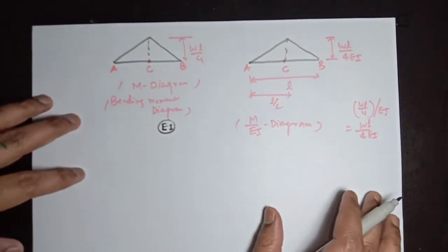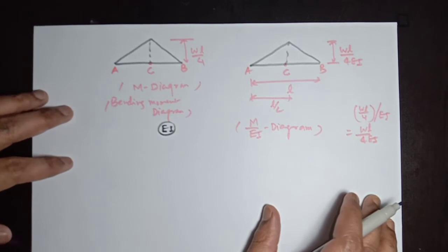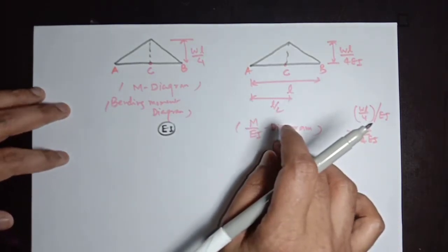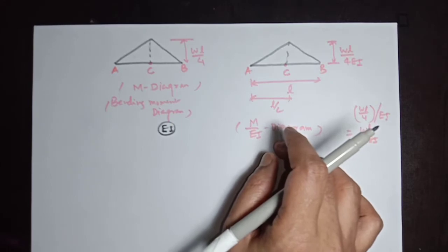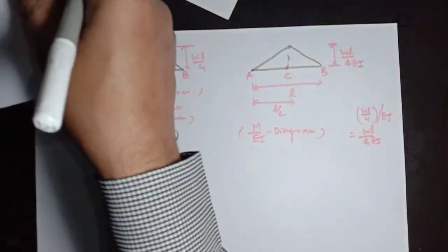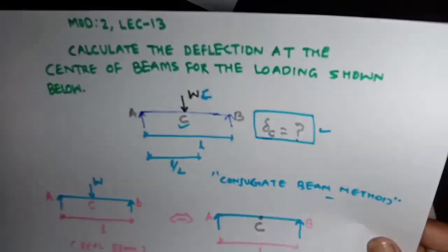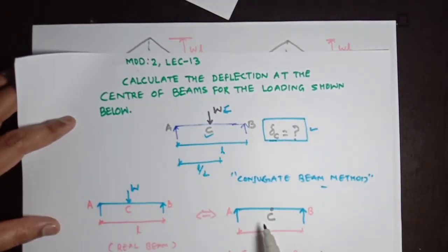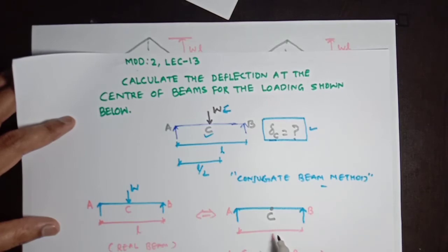As per the condition of the conjugate beam method, as you know, this M over EI diagram will be put on the conjugate beam to make its loading diagram. As I told you in the beginning of this lecture, this is the conjugate beam, but we have not yet found its loading diagram.